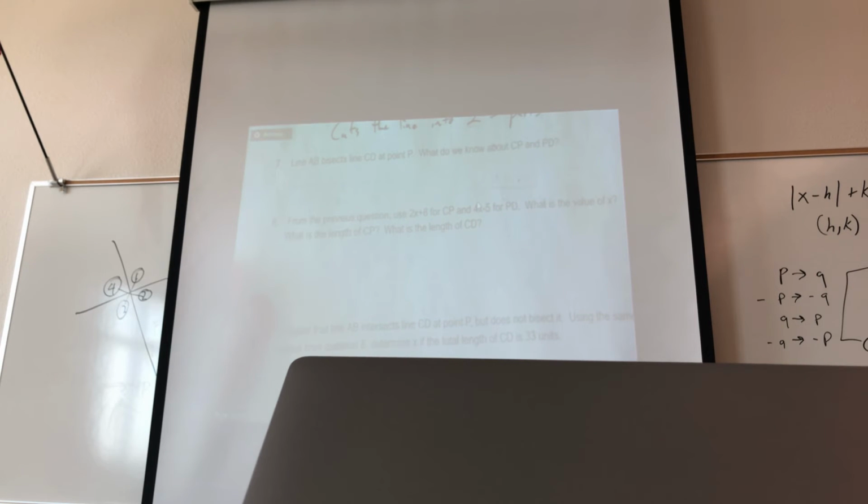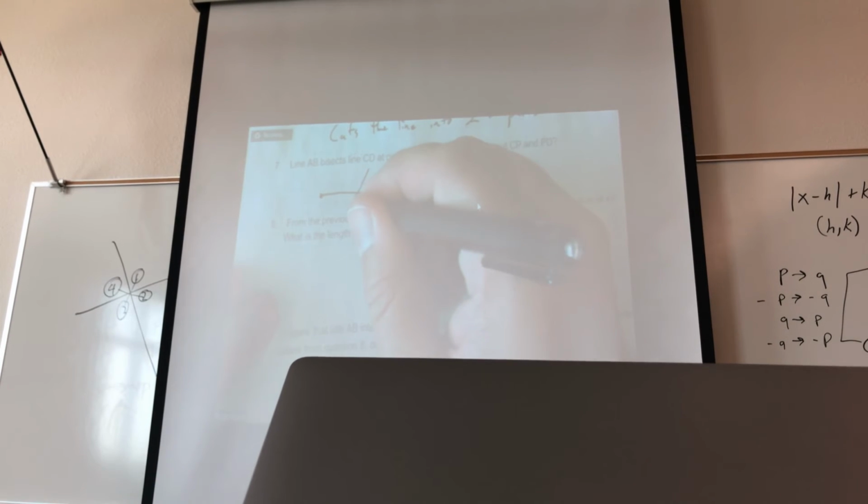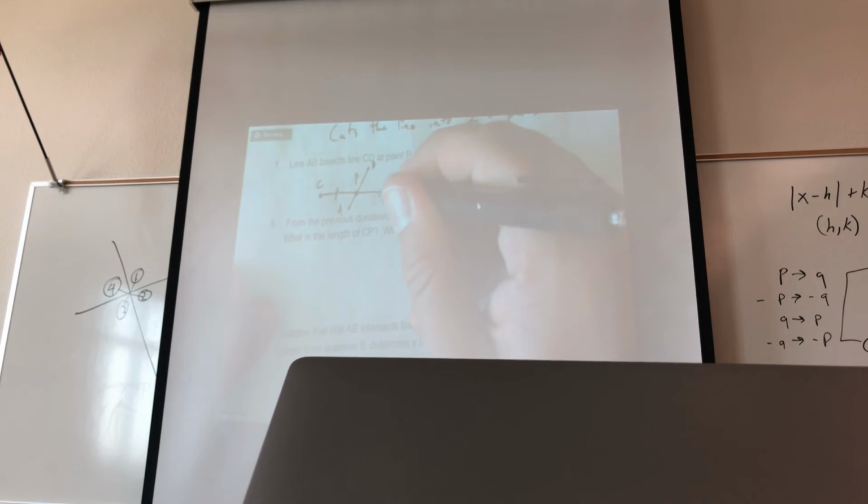So number 7 gives us an example. Line AB bisects line CD at point P. I'm going to draw a picture. You don't have to draw the picture, but this is just for illustrative purposes. This is line CD. This is line AB. And this here is point P. It has been bisected.